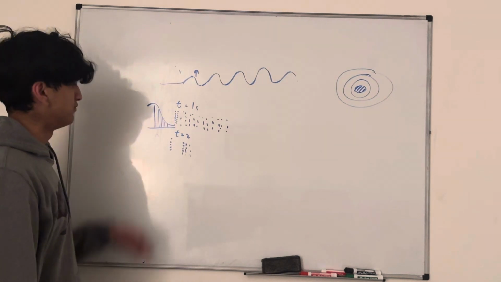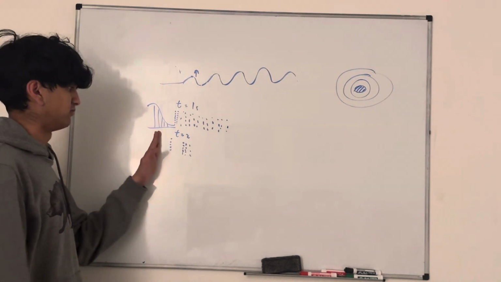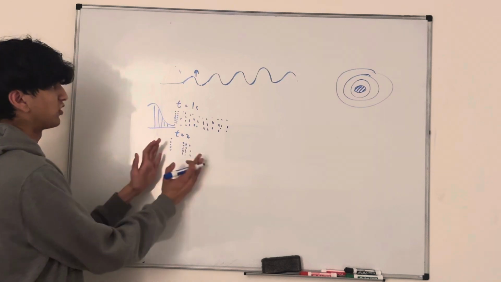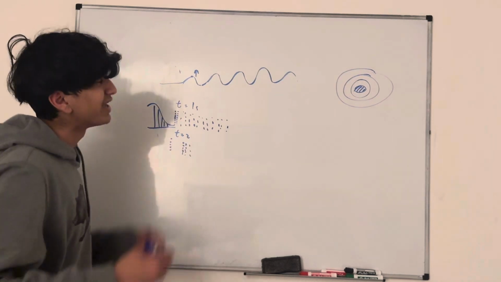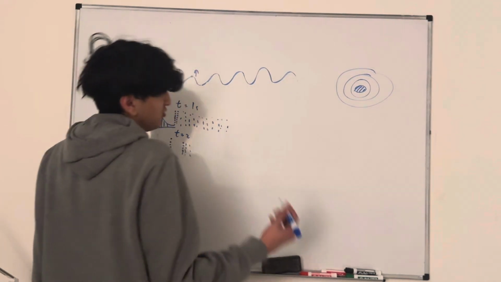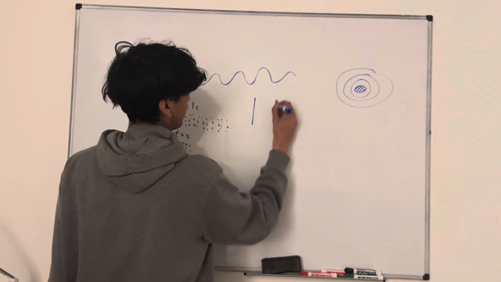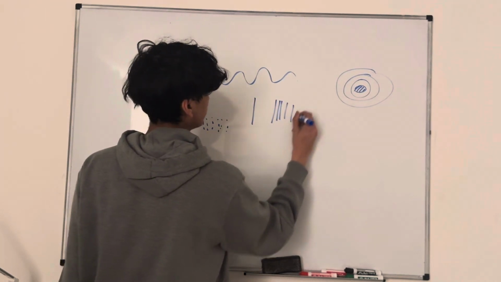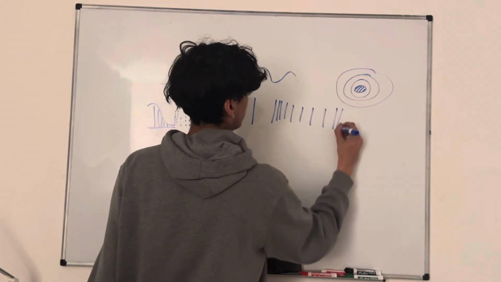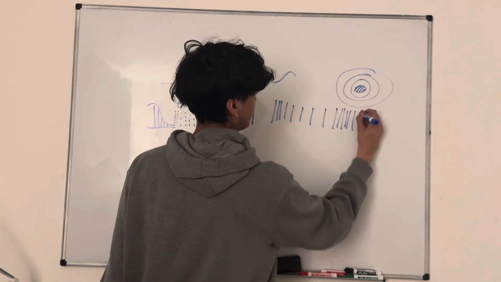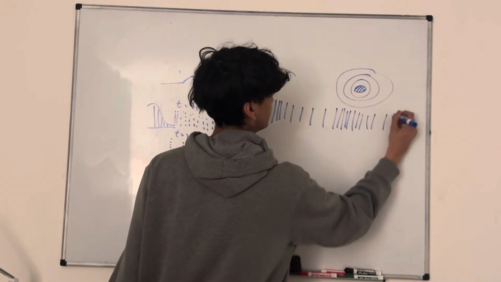And then eventually, the air molecules behind it push it back forward. And the whole idea is you get a series of compression and then no compression, no compression and then compression.